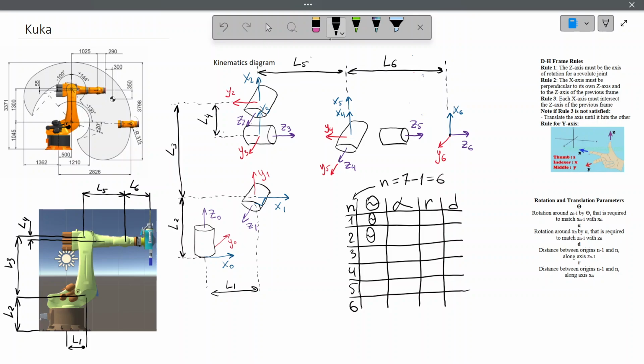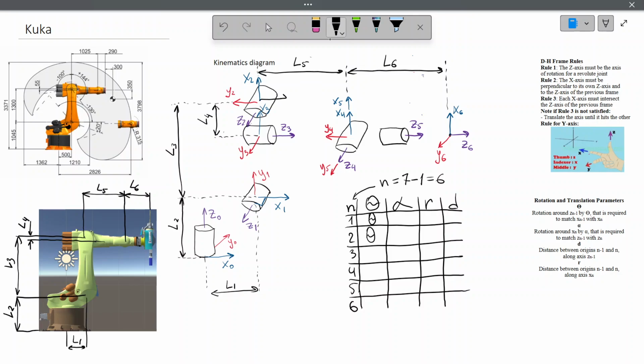Next, let's take a look at this origin x1 and this origin x2. So they are different directions. So here we need to rotate around z, the previous z. The current z is z2, previous z is z1. So we need to match the previous x-axis with the current x-axis.